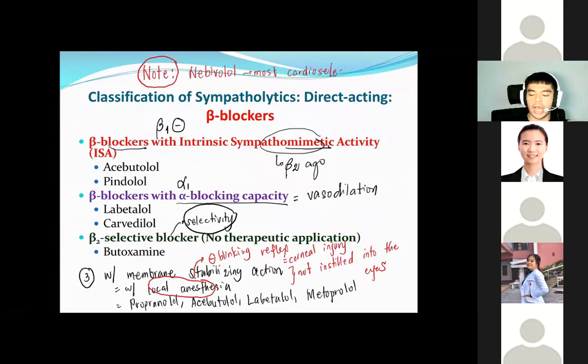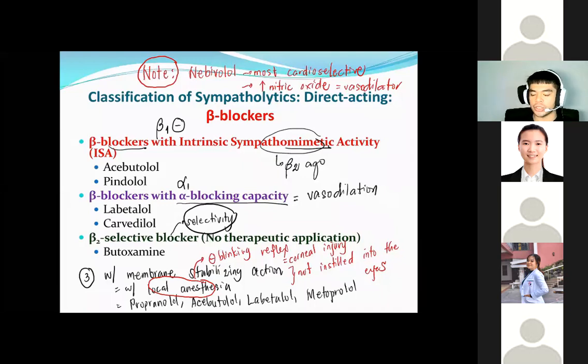What's distinct about nebivolol is that it increases the concentration of nitric oxide in the body. Nitric oxide is an important vasodilator. Kaya ang effect ultimately ng nebivolol aside from cardioselective activity, vasodilation.